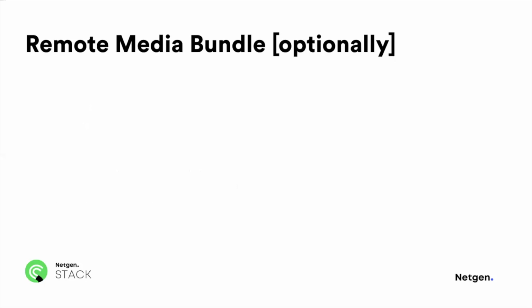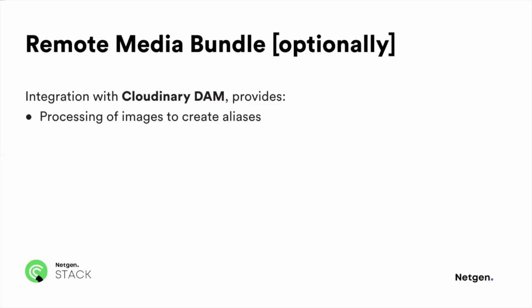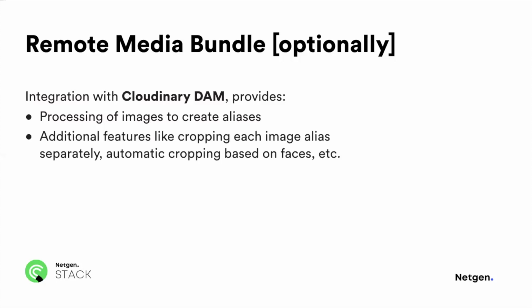Optionally, what is also possible is to add our remote media bundle, which is basically the integration with Cloudinary digital asset management. This provides quite interesting features. First of all, it provides processing of images in the cloud, so it saves you a lot of processing power on your server.